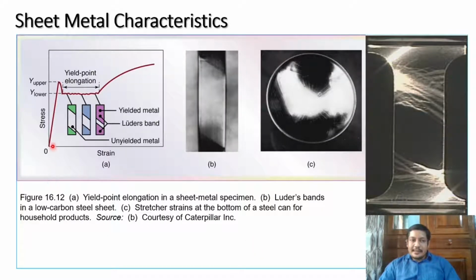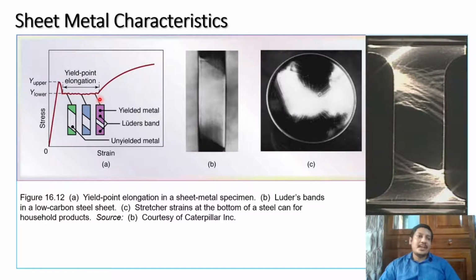So you can see this is a typical stress strain diagram. The material yields above your upper yield point. Then it comes down into the lower yield point, and continues moving in that fashion, without any increase in stress, only strain is increasing in the material, and thereafter it yields further.